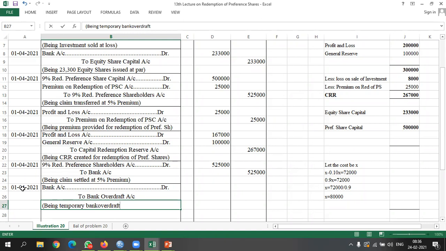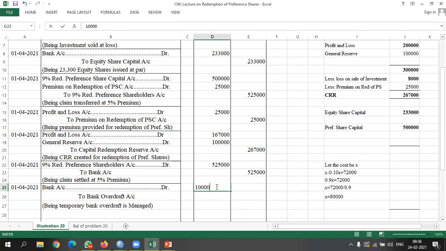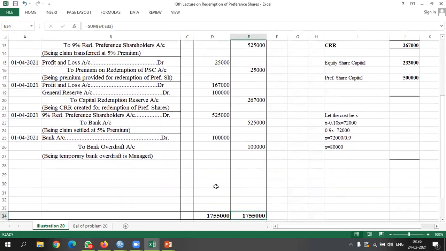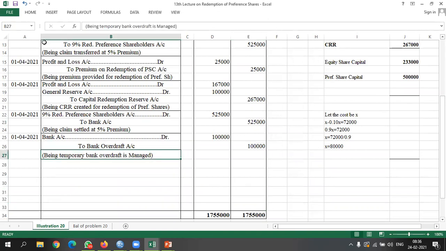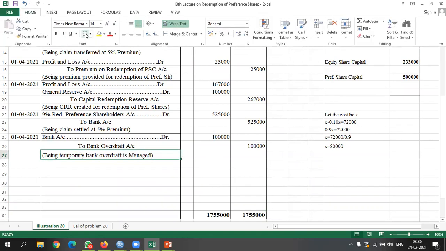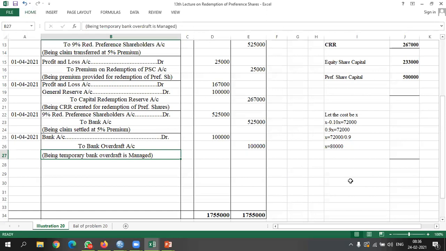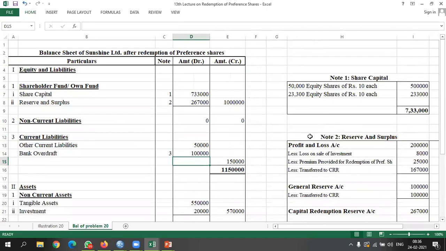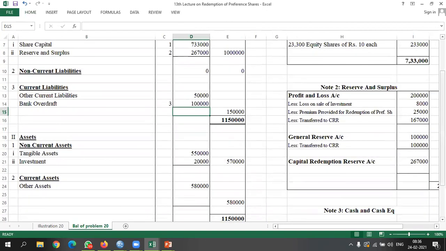Amount is 1 lakh rupees. So this is how your entire entry is completed. Your problem is completed. I hope you have understood. We also made a balance sheet, and balance sheet also got tally. So I hope you have understood the problem and there will not be any difficulties.